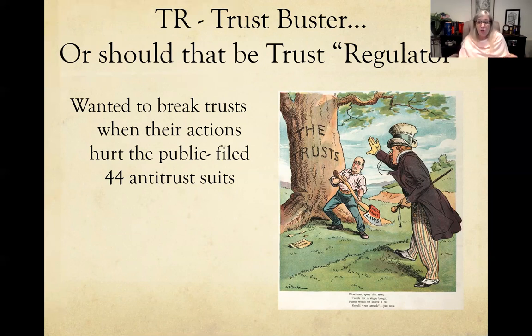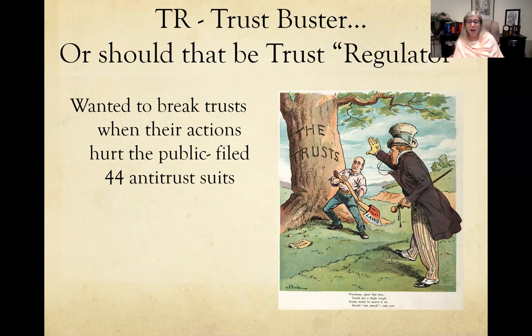A bad trust is one that has become a monopoly through unfair business practices. A good trust is one that has become a powerful large company because of good, solid business practices and good products that are done fairly. All right.